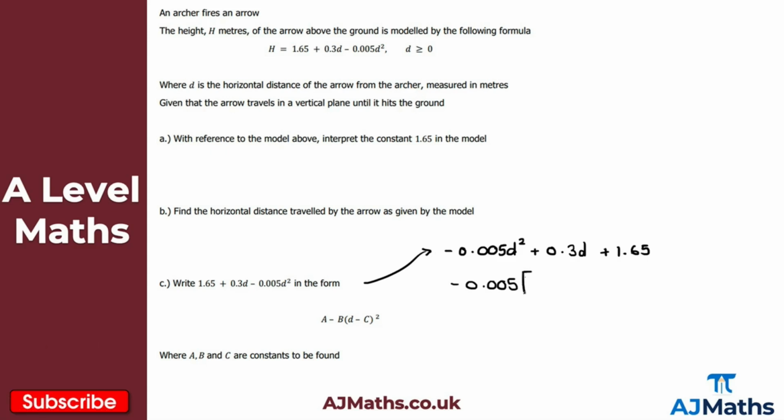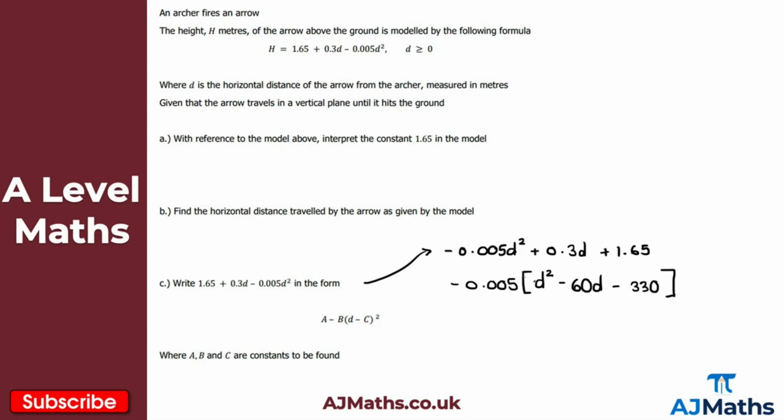What that's going to leave me with is d squared. So this 0.3 here, that's the same as dividing that by minus 0.005. So I just do that on my calculator. I get minus 60d there. And then 1.65 divided by, again, minus 0.005, and that gives me minus 330. Okay.